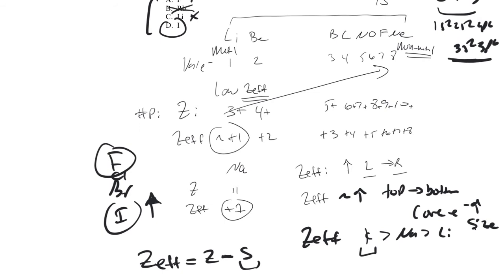S has to be less than or equal to the number of core electrons. So the dampening can't be higher than the number of core electrons, but it could be less. As those core electrons are bigger, they don't screen as effectively.